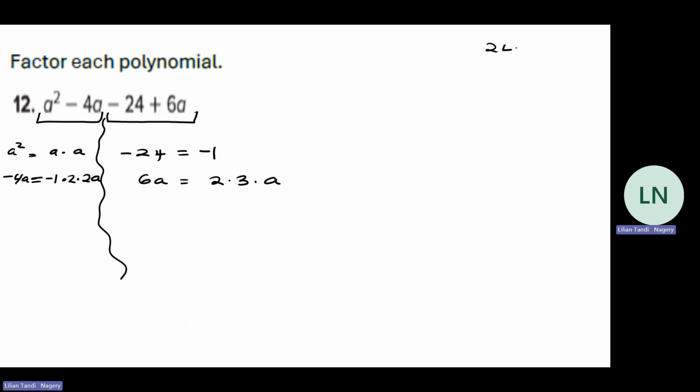So break down 24. 3 times 8. 3 is prime, 8 is not. 2 times 4. 2 is prime, 4 is not. 2 times 2.